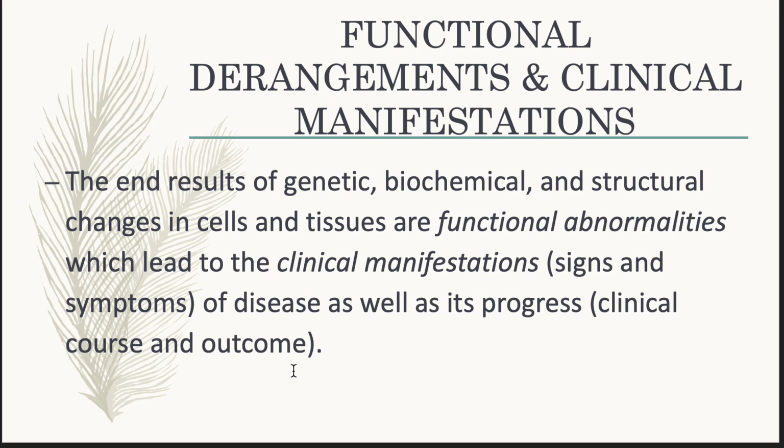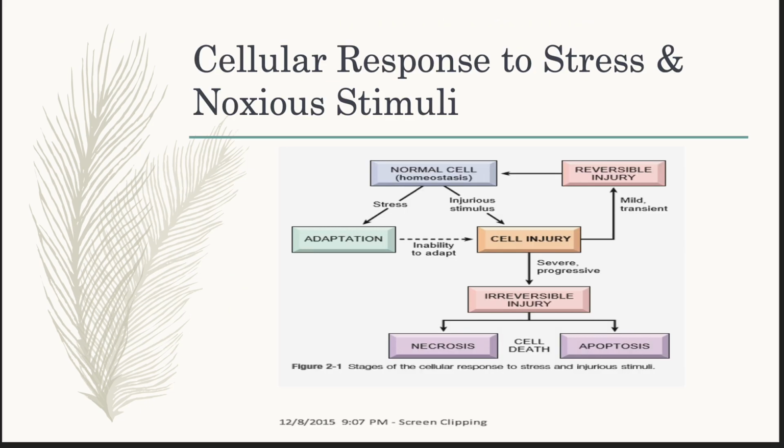And outcome. Okay? So, again, the end results of any changes, may it be genetic, biochemical, and structural, in a biochemical level, in its appearance, or inherited, these are functional abnormalities, which will lead to signs and symptoms of diseases, and its progress.